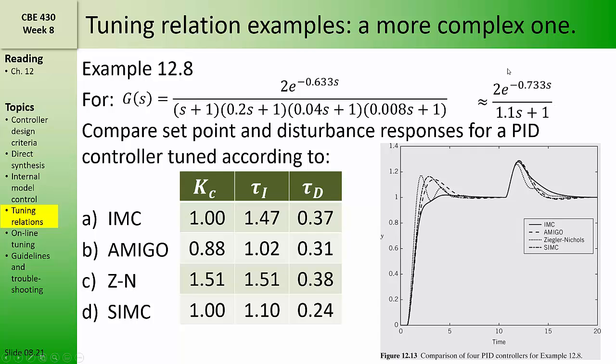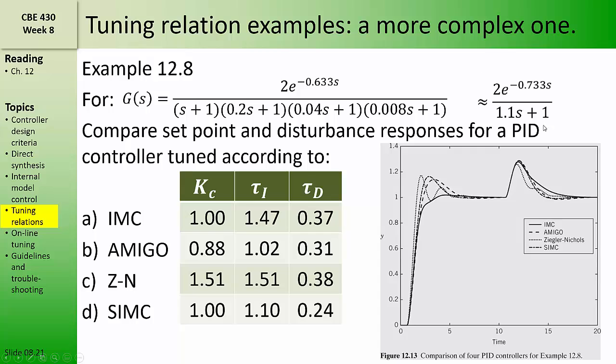Once we have an FOPTD approximation for G, we can find appropriate controller settings using any of the methods we've introduced. Here, we use the IMC method, the AMIGO method, the Ziegler-Nichols method, and the Skogestad modification of the IMC method. And again, just like in example 12.7, we test the response to both a unit step input in the set point, and then at a later time, after the set point change has settled down, a unit step disturbance input.